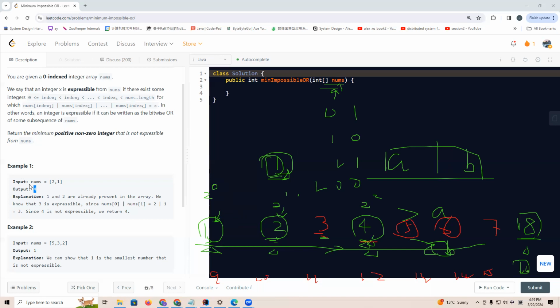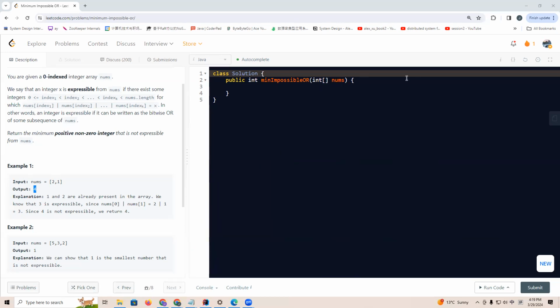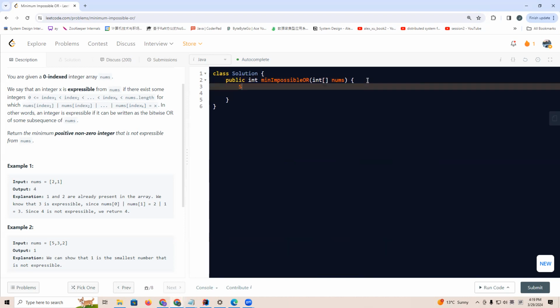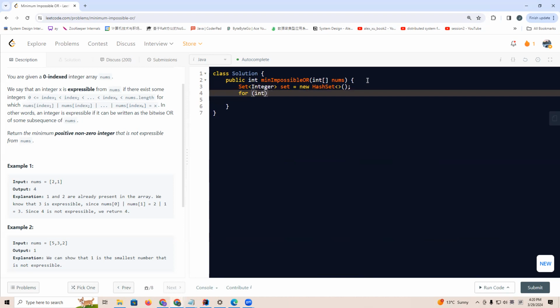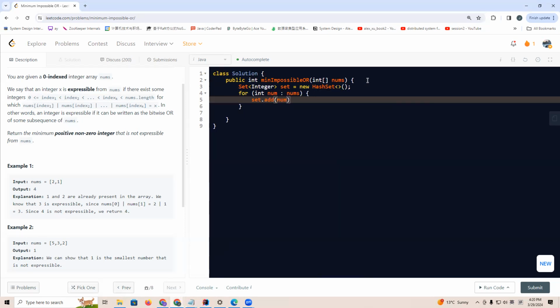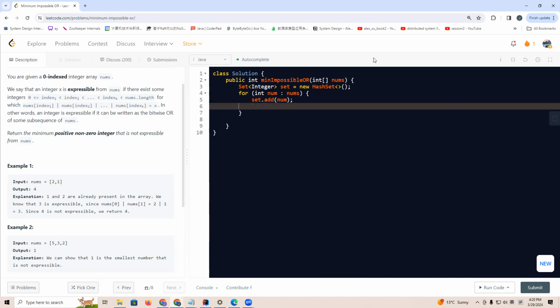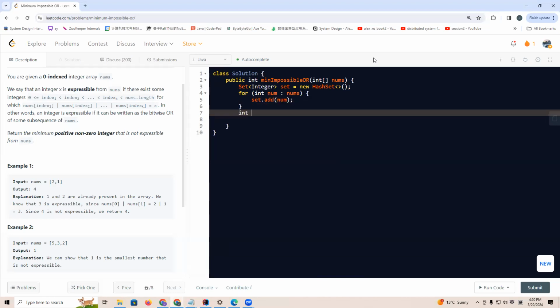So now we can write code for this. We put nums into a set, and then we compose the powers of two. We set int current equal to 1.